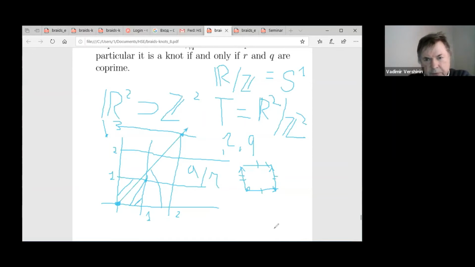This will be the trefoil. The trefoil is a torus knot. But if you want to construct a link, then you need to do several lines. The number of lines should be equal to n when you are making our construction with the cylinder.